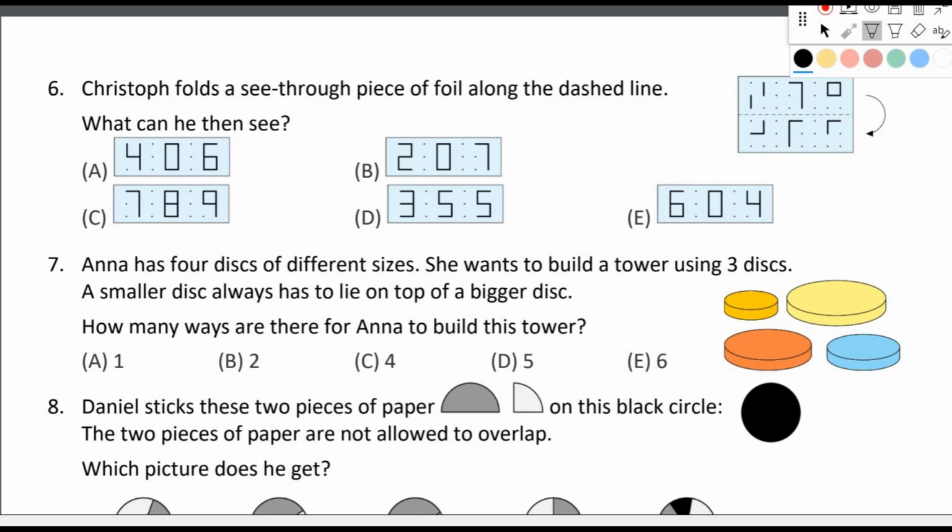I just do this again. The last one, that 0 will fall at the bottom, so the last digit looks like 6. The last but 1 will be reversed 7, and this one comes here and this one comes here. Looks like 406. So sixth question, A choice.